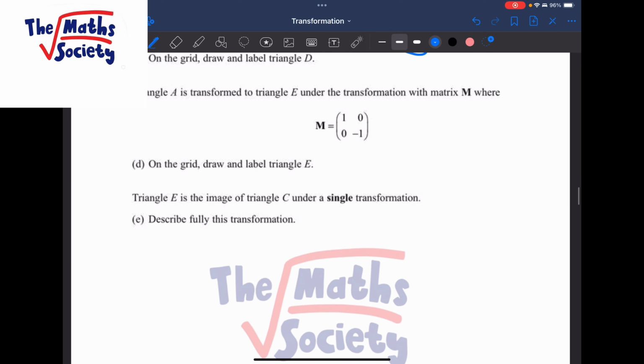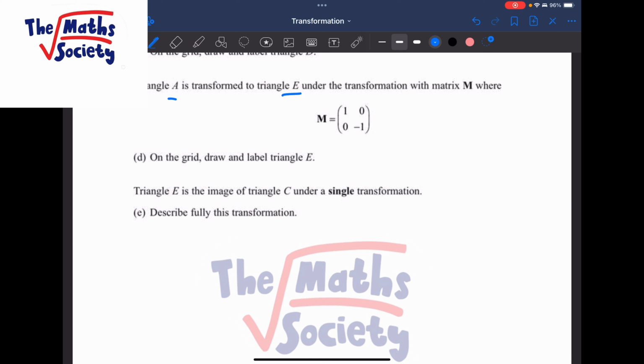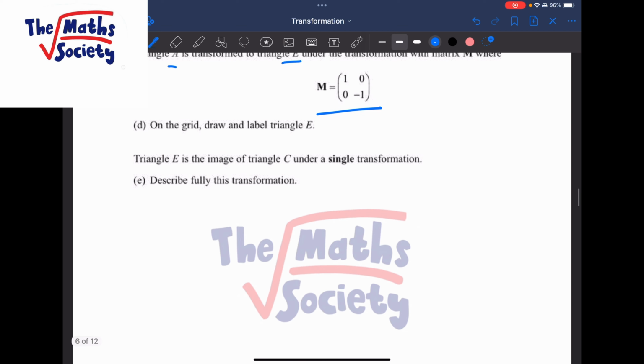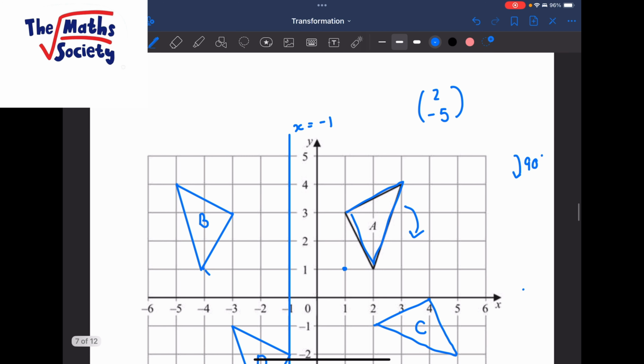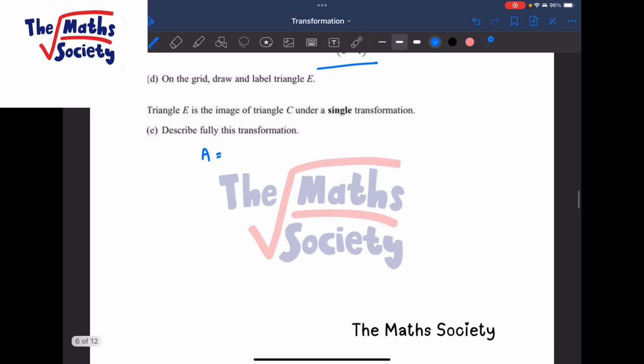And then it says A is transformed to E by matrix M, you have the matrix again. So we're gonna have to get the A coordinates again. It's 1, 3, 2, 1, 3, 4. And I just want the E coordinates.